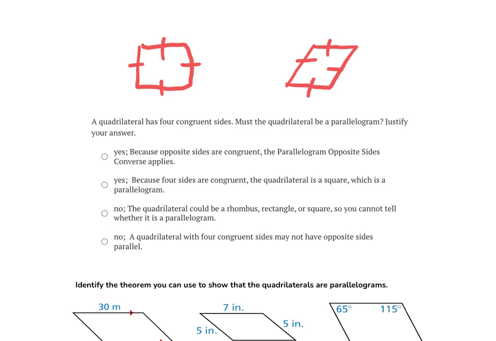No. Okay, we want opposites. We have to use one of those theorems that we just got done talking about. So what we just said was opposite sides are congruent. The fact that we know the opposite sides are congruent, then we're going to use the parallelogram opposite sides theorem. This one's not really using a theorem. We don't have anything that says anything about four sides being congruent.